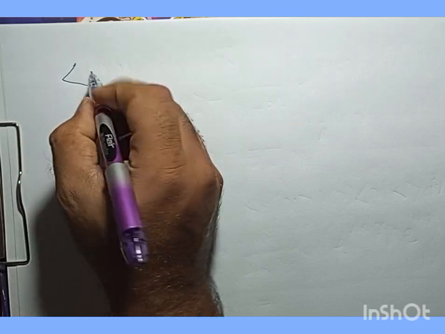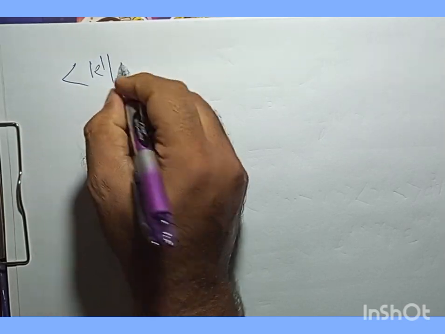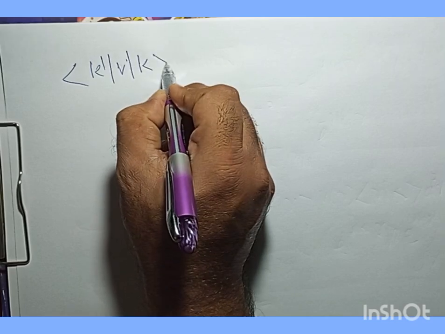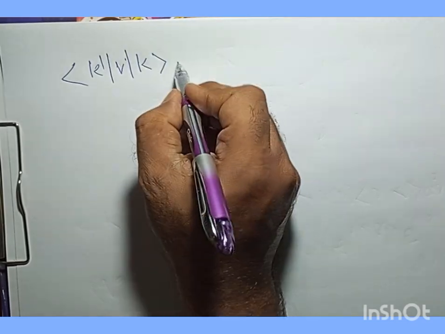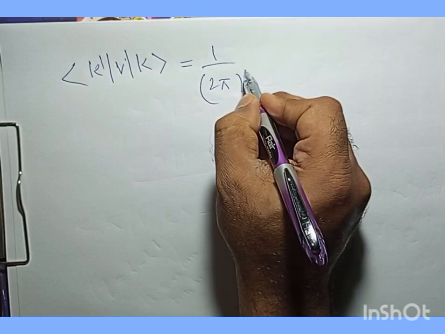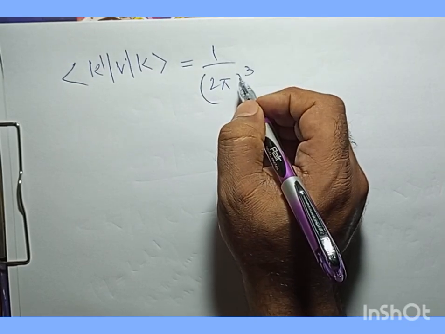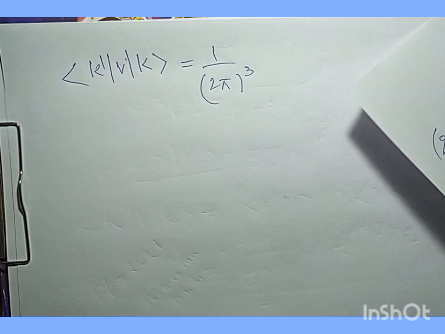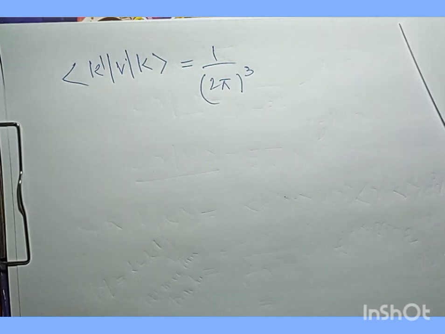So writing down my matrix element, that gives me the measure of what we call the scattering amplitude for the Born approximation, and this will be 1 by (2π)^3, because when you multiply the two, you will have the power 3.